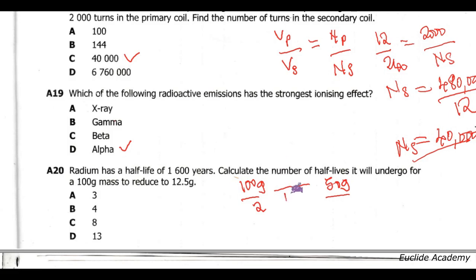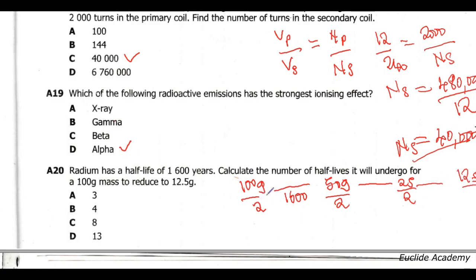Here they're saying it is 1600 years. Again, we can reduce this to 25, and 25 divided by 2 gives you 12.5, which is the final mass.